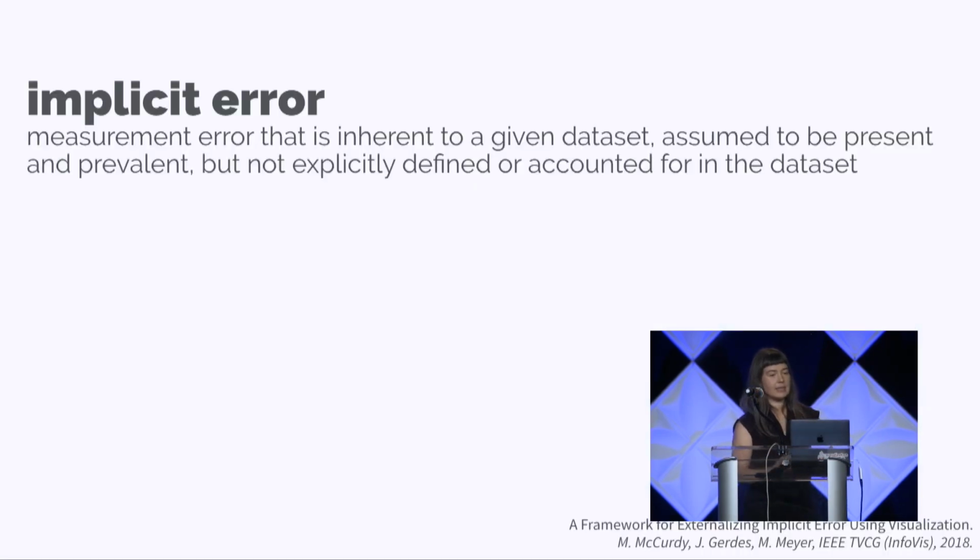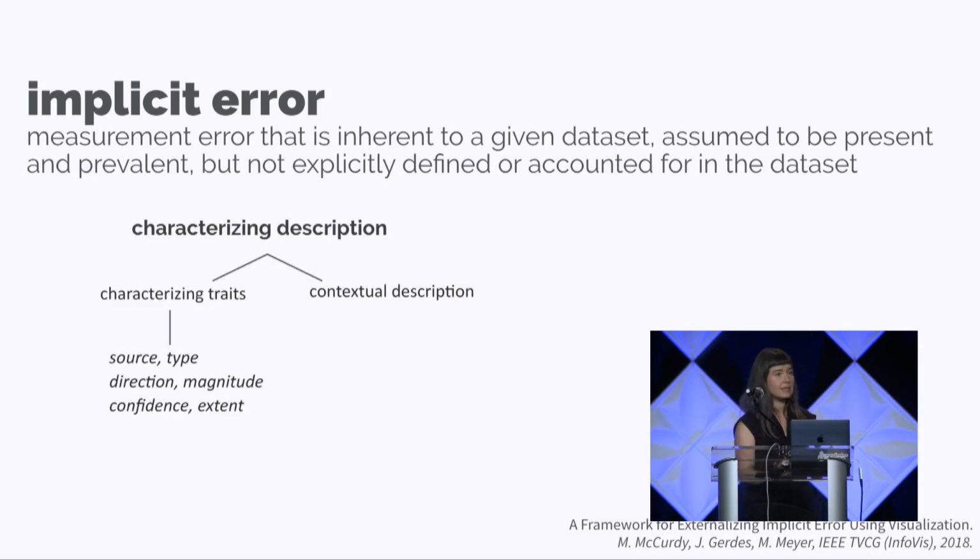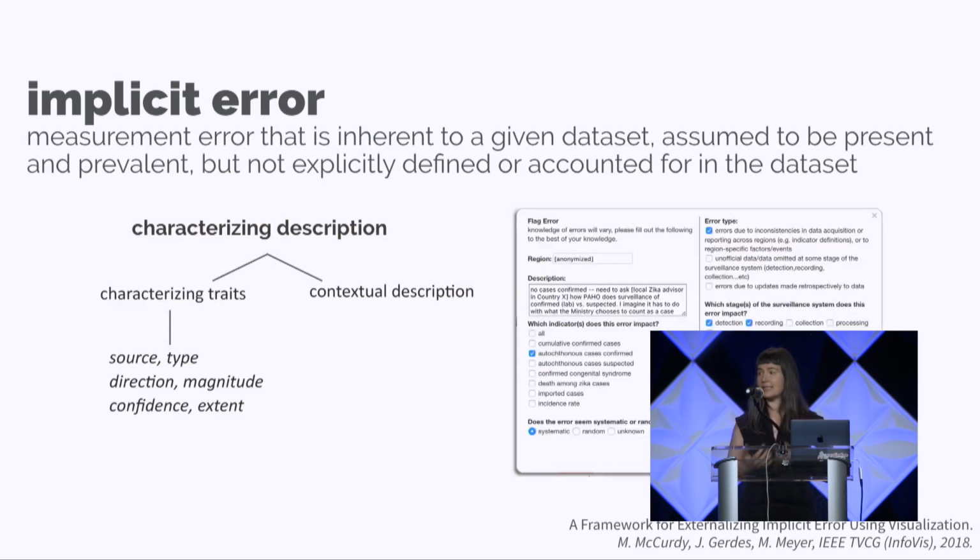So in thinking about this, we formalized this notion into what we called implicit error, which is measurement error that is inherent to a given data set, assumed to be present and prevalent, but not explicitly defined or accounted for. And so we were able to characterize aspects of implicit error, as well as then design an annotation mechanism to help experts externalize.